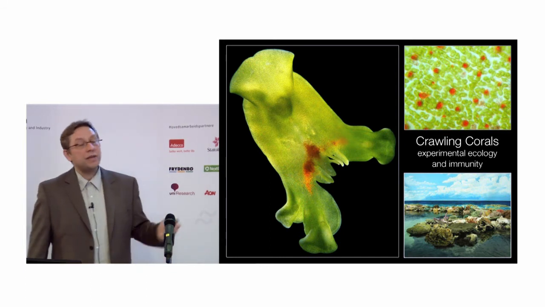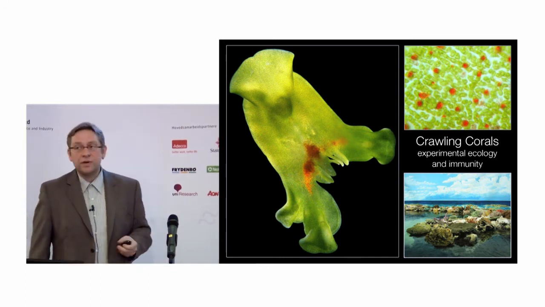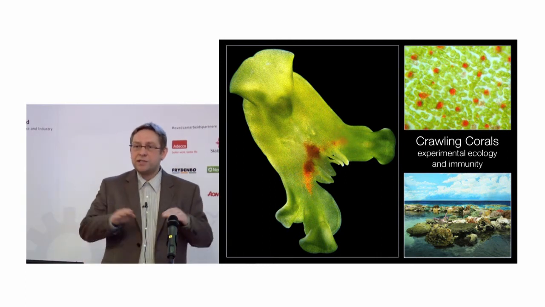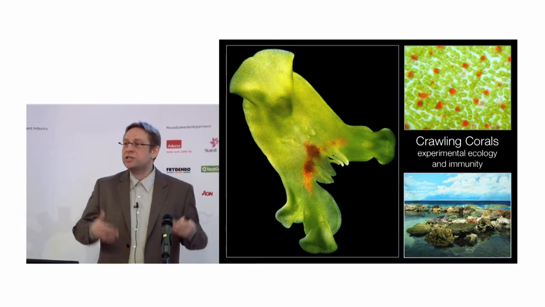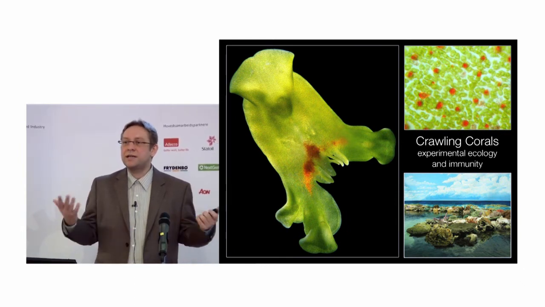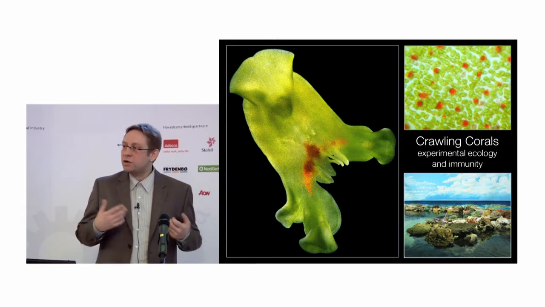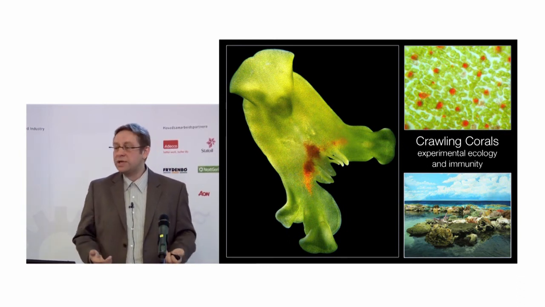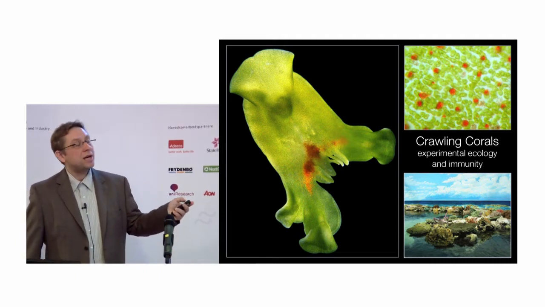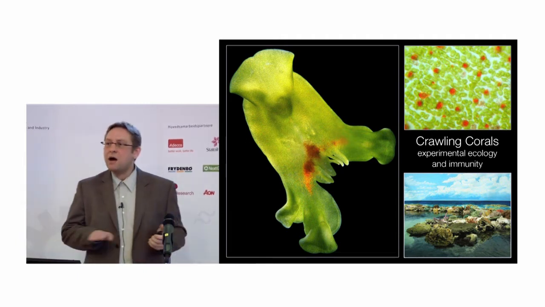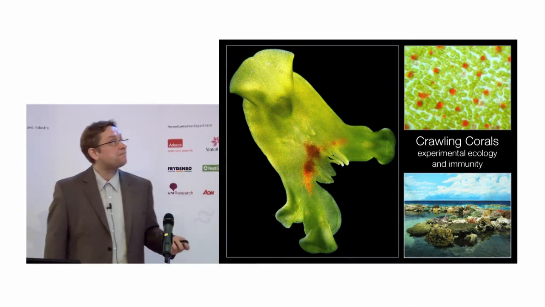So you can also call them crawling corals, which makes them good for studying experimental results, because corals usually don't crawl, they just grow. They cannot escape, for example, parameter changes which are caused by global warming or ocean acidification. So you can change the environment for these worms and see how they react. For example, they avoid it and crawl away.